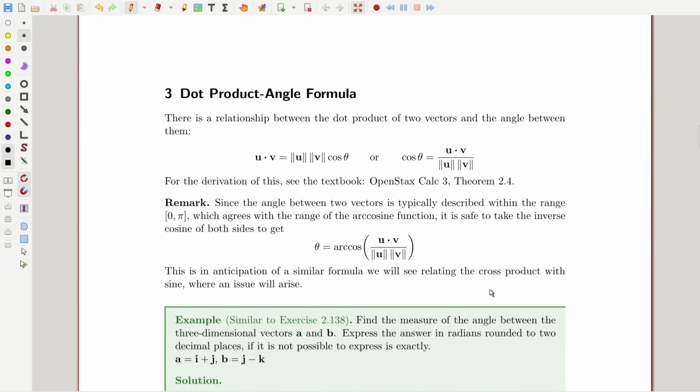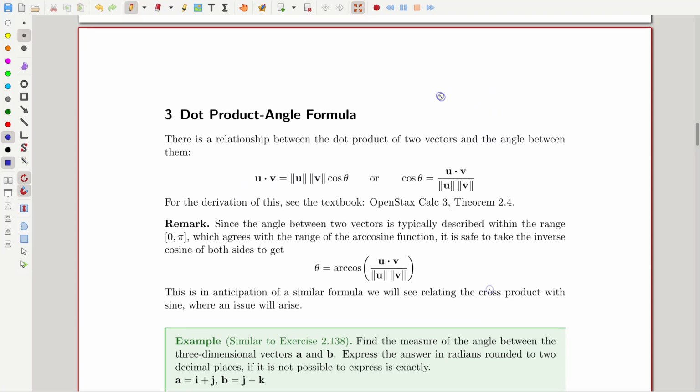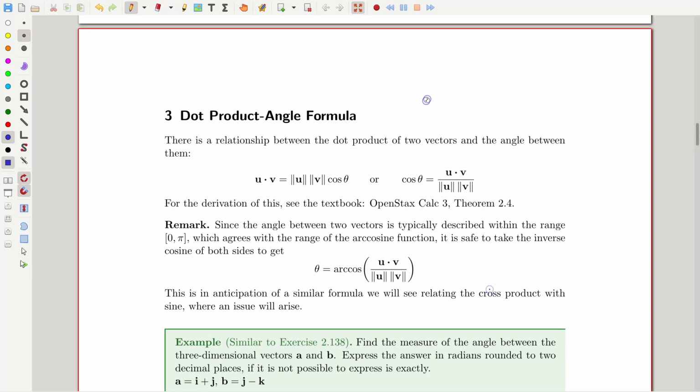Next, we have a relationship between the dot product and the angle that is formed by the two vectors. So for this, it would be convenient to do a sketch of what I'm talking about. So say that we have the vector u here and the vector v there, and that they have the angle theta between them.